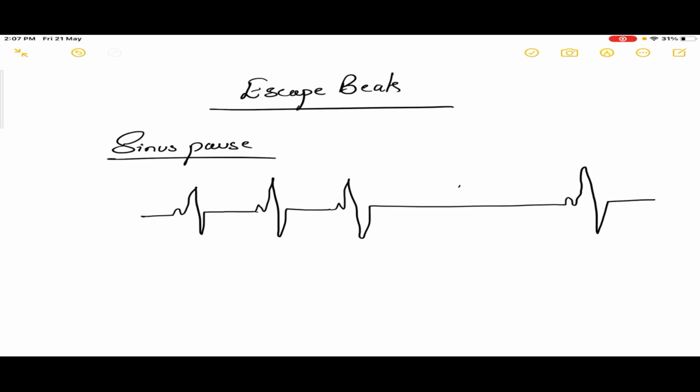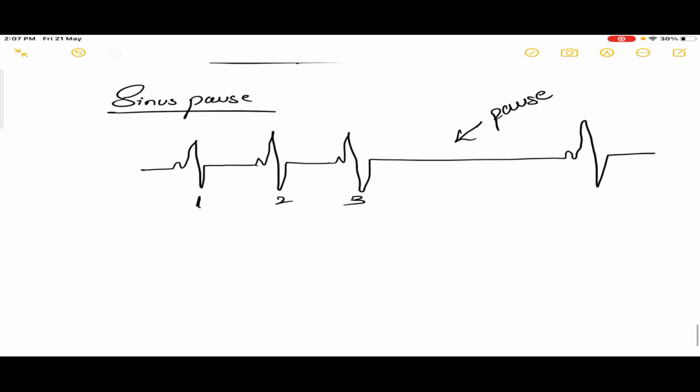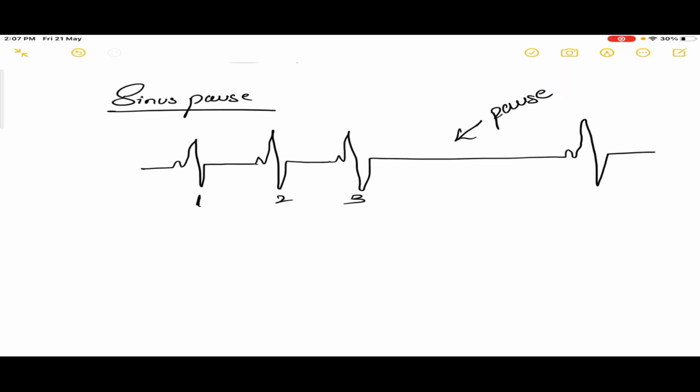So you can see there is a pause in this sinus wave, but there is no premature beat. These are normal sinus beats without premature beats, and there is a pause. So this pause is called a sinus pause.